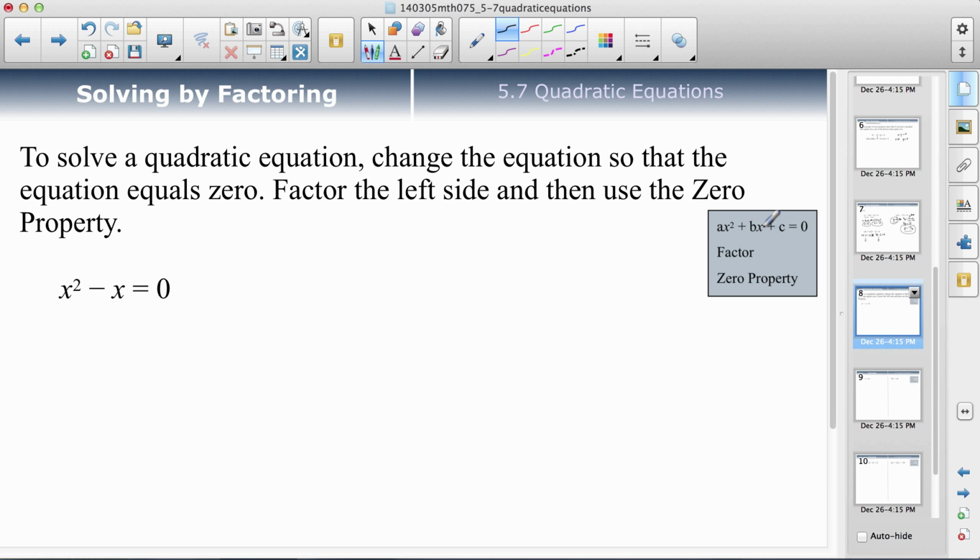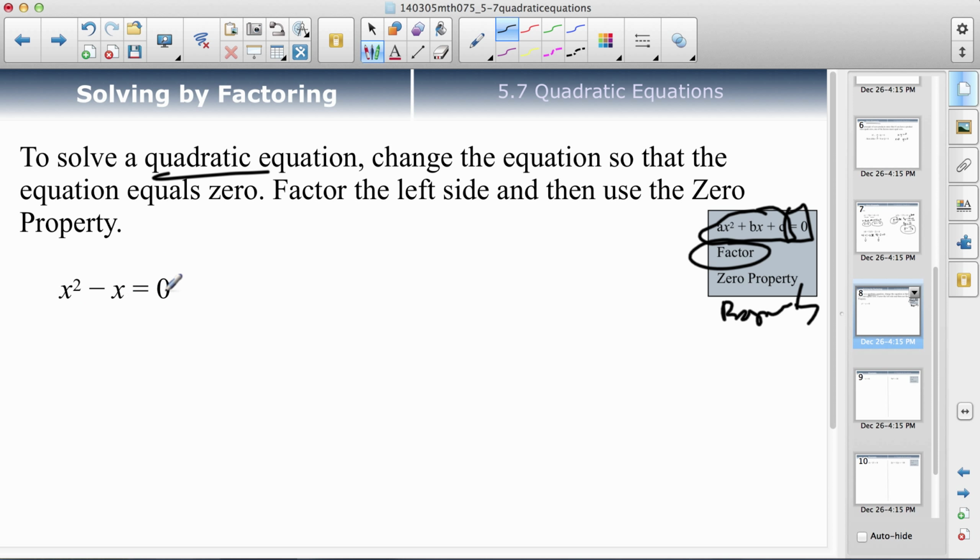I like to use these steps over here where I make sure I get everything equal to 0. If you have a quadratic equation, make sure everything's equal to 0. Then factor on that left side. Then use your zero property, and then I should have said after, use any other property that you need in order to solve that equation.